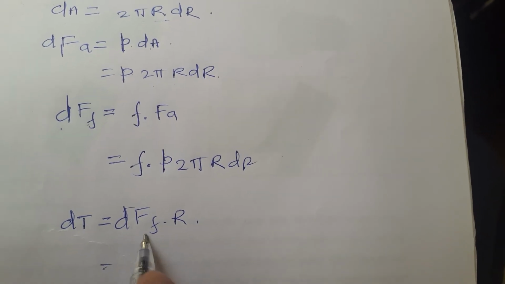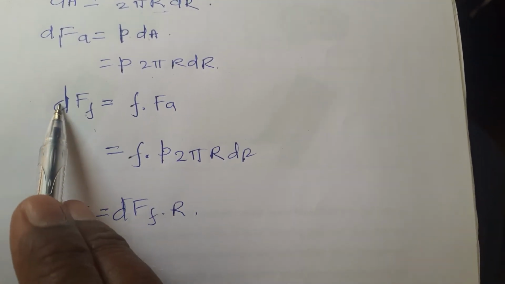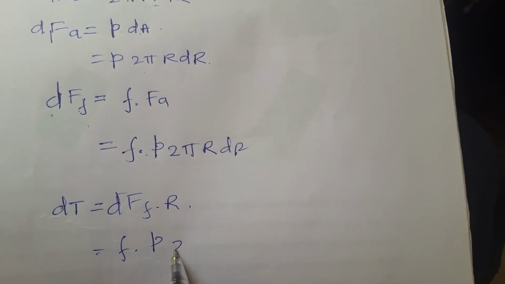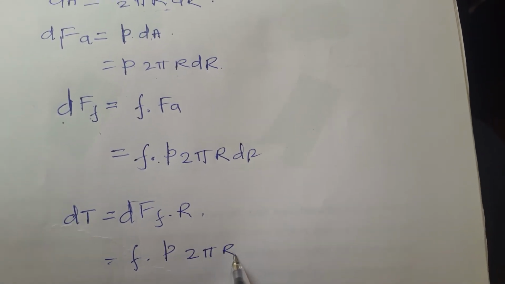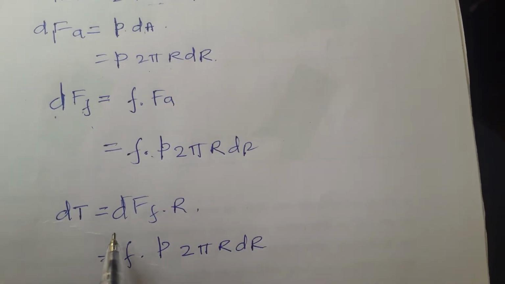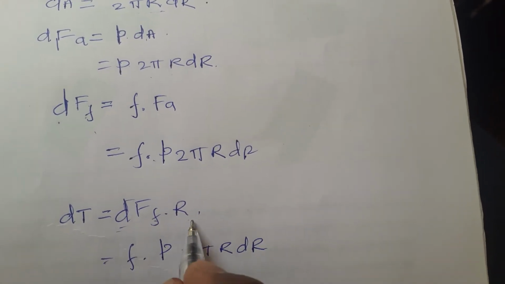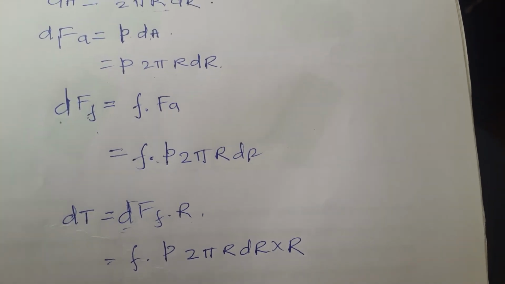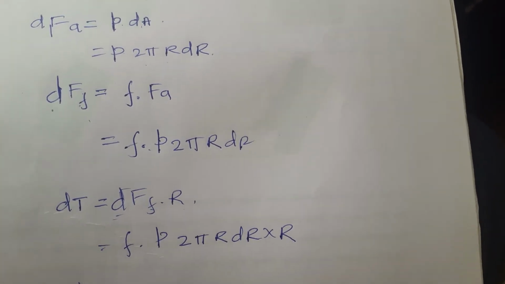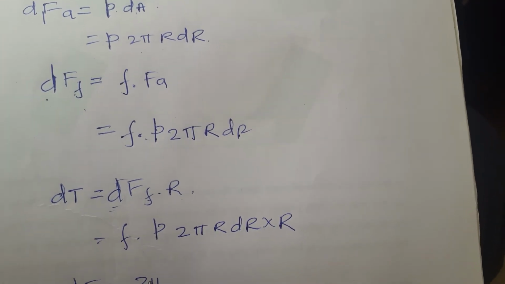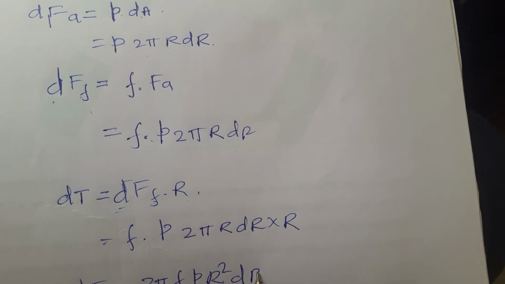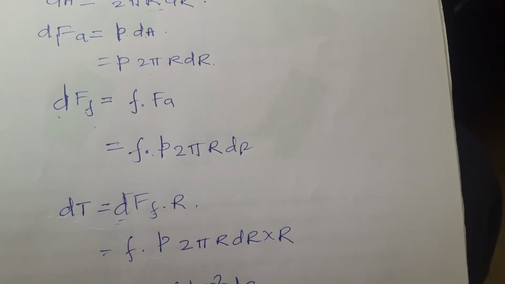What is dFf from above? Frictional force f, pressure, 2 pi r dr, into r. So you can rewrite this as dT equals 2 pi f pressure r square into dr. This is the basic thing.